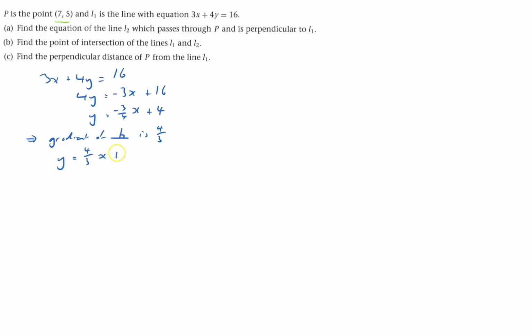4/3 of x plus c, and then I need to find c by substituting any point on that line, and I know P, so it's going to go through P, which is (7,5).